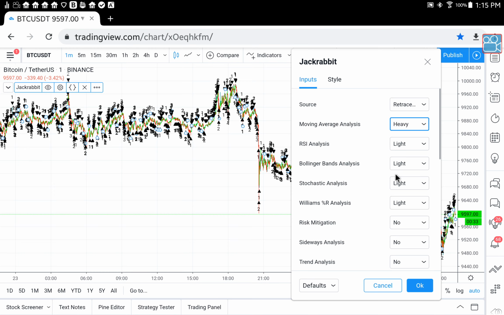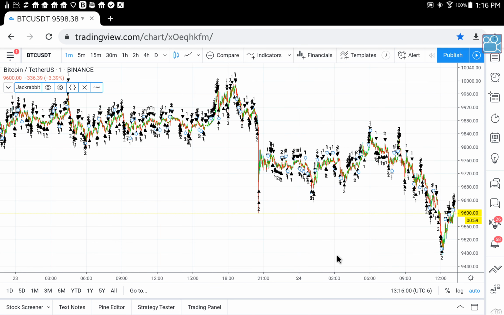All of these indicators play a very particular role, and each has their own special uniqueness to them that work together to make Jackrabbit what it is. So we'll let this take effect, and you will see a difference in a few minutes on this chart. I may have to click out of this. Okay, that's interesting.